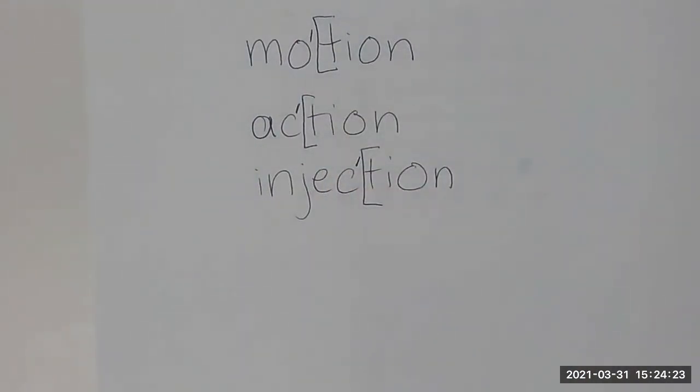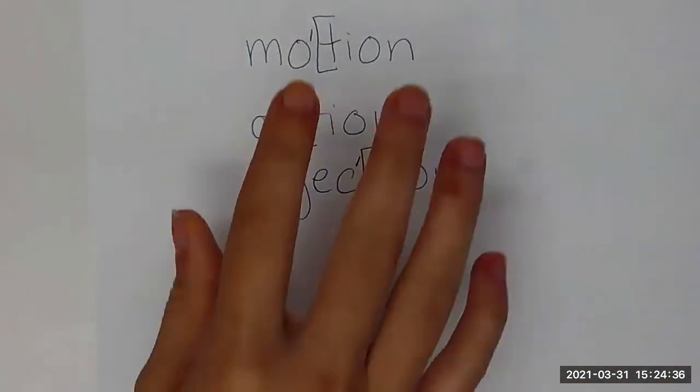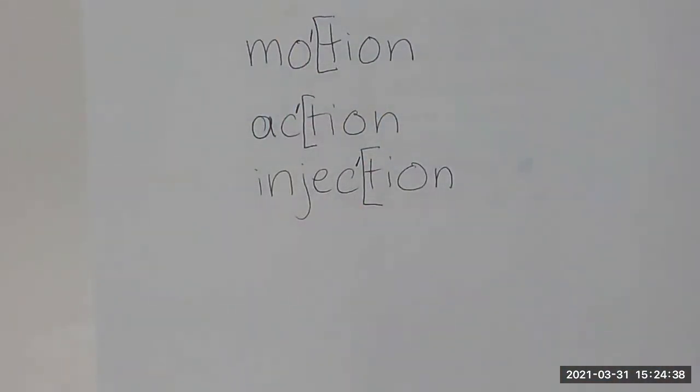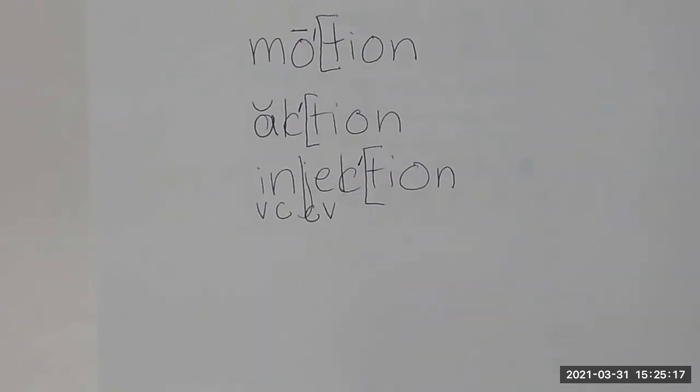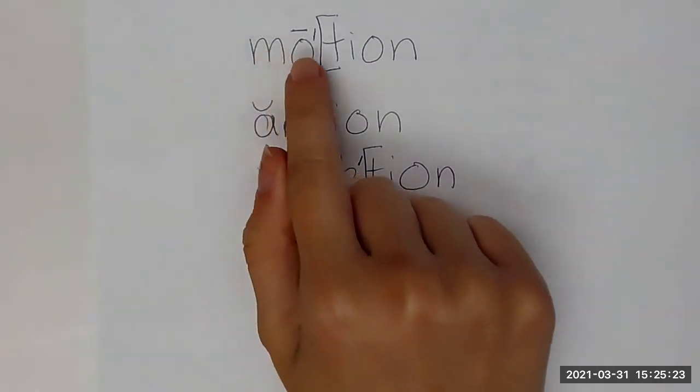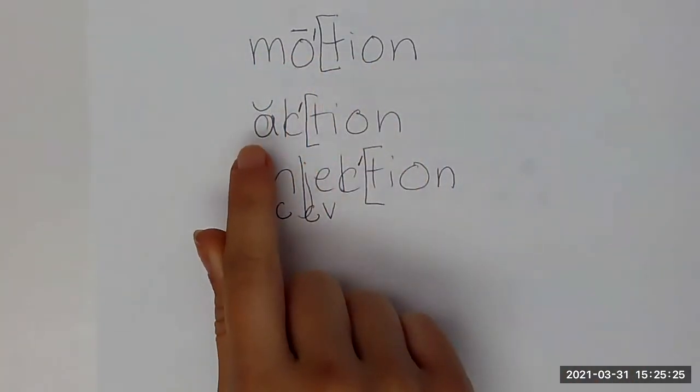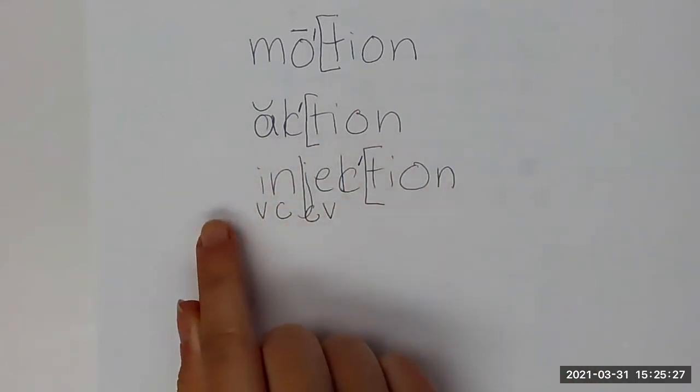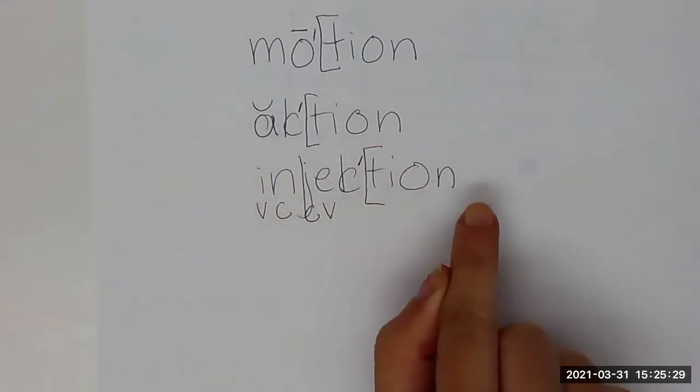We won't do any further coding on a final stable syllable T-I-O-N. Now, code the rest of the word. Here is what these words look like when they are fully coded. I will say them one more time. Motion, action, injection.